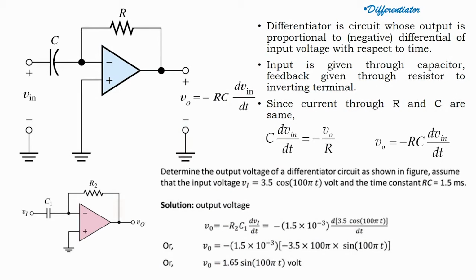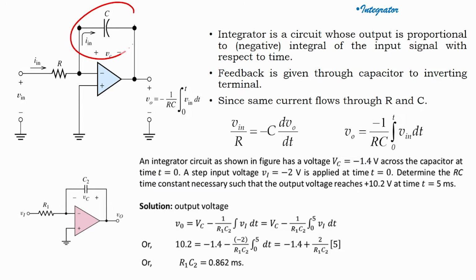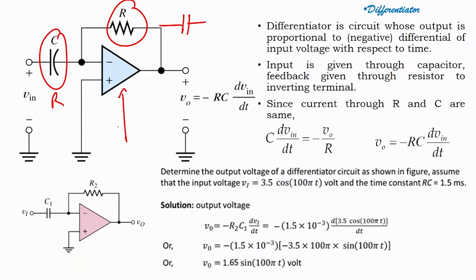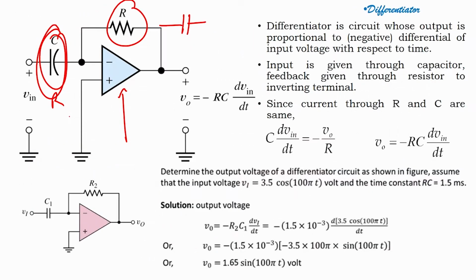If you have seen the last module, the integrator was a circuit where the resistor was in the input path and the capacitor was in the feedback path. Here it is the other way around.